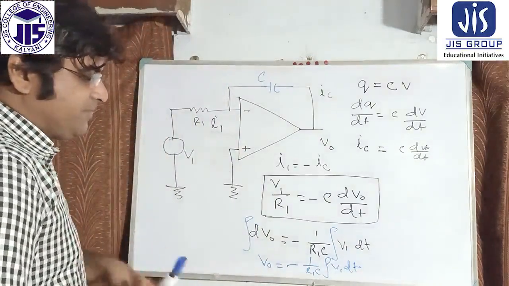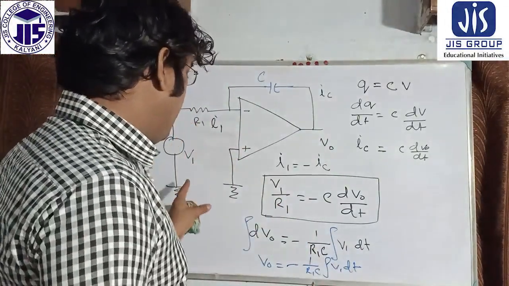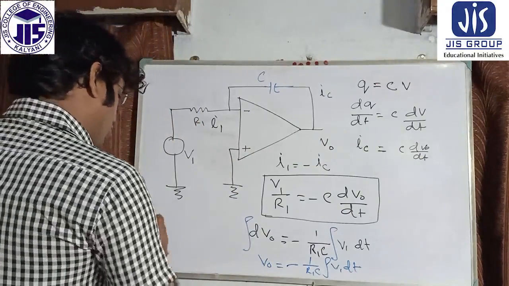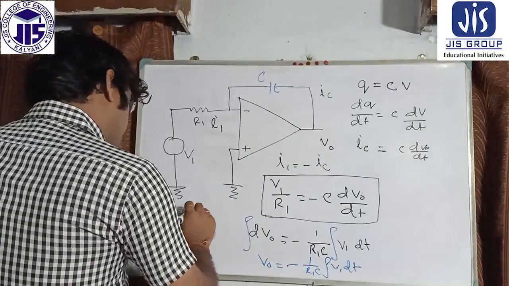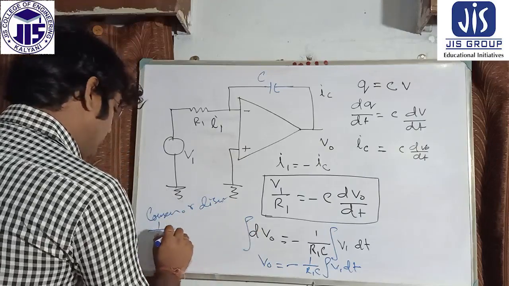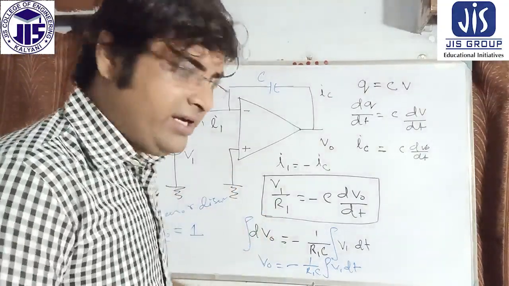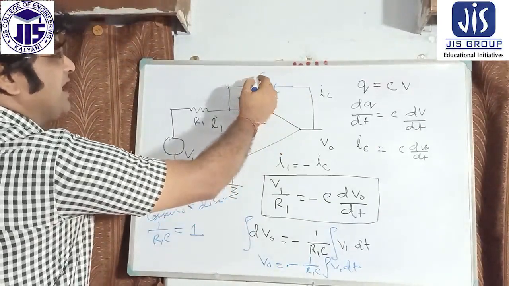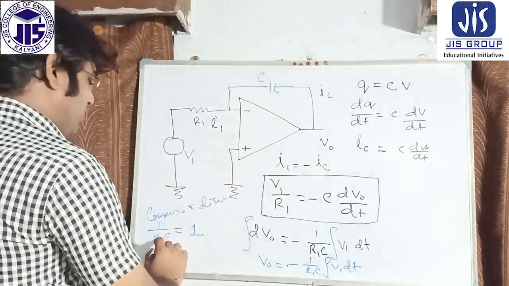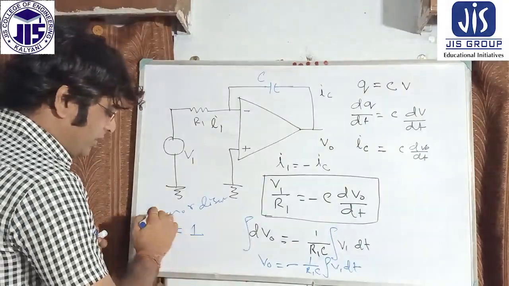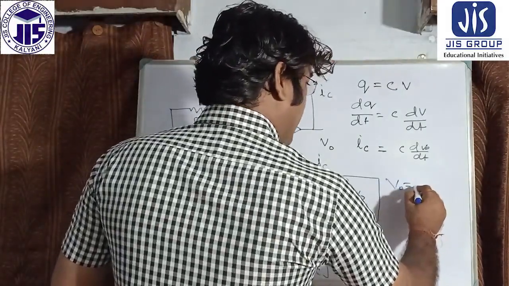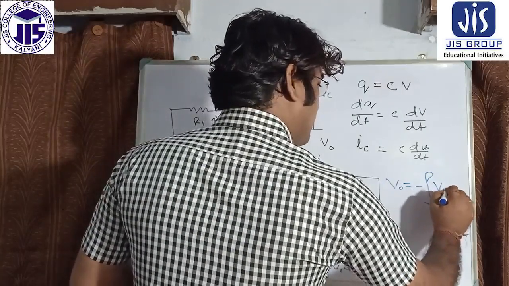This is the expression of the integration of the input, and from it we get the output voltage V0. If we design it such that 1 by R1C equals 1, which is in our hands by choosing the C and R1 values, then V0 equals minus the integration of V1 dt.